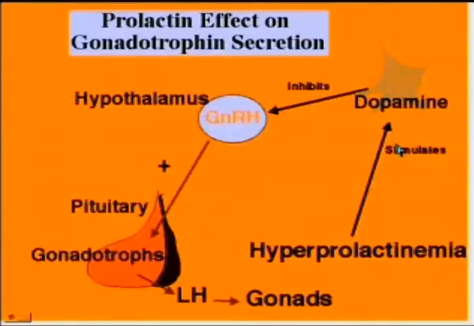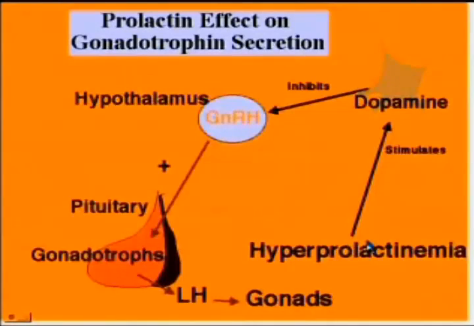and that's the negative feedback, right? When prolactin goes up, you have to increase the release of dopamine so that it would decrease the synthesis and secretion of prolactin from the lactotropes of the anterior pituitary.